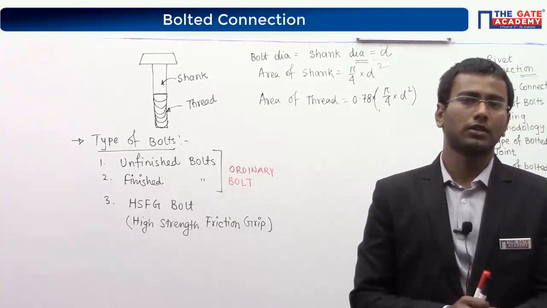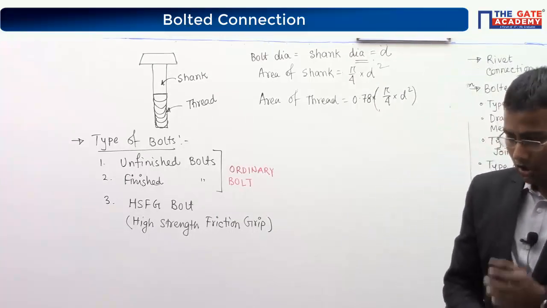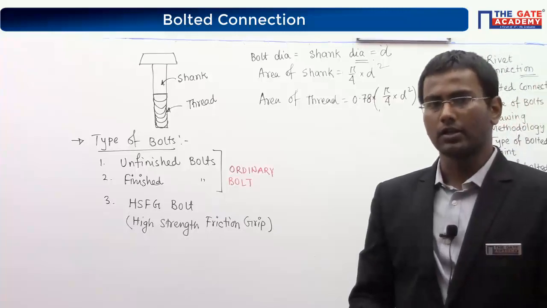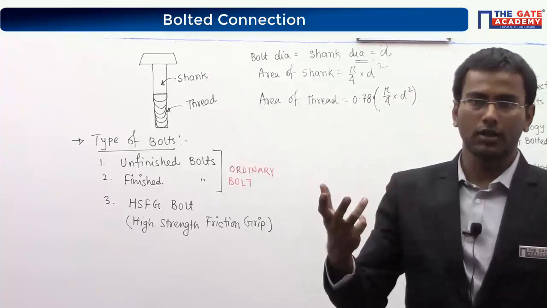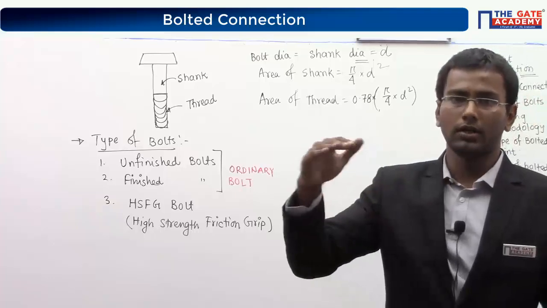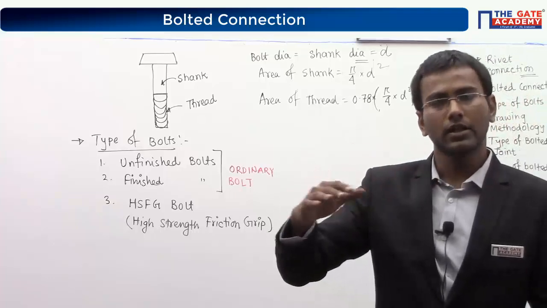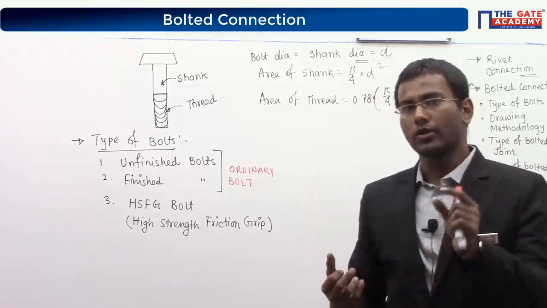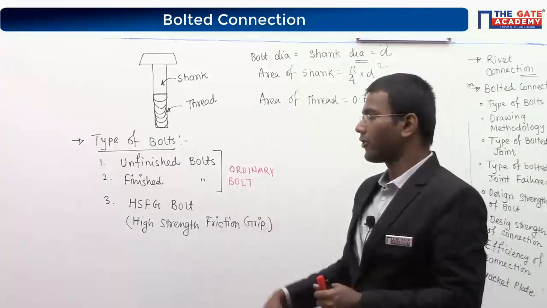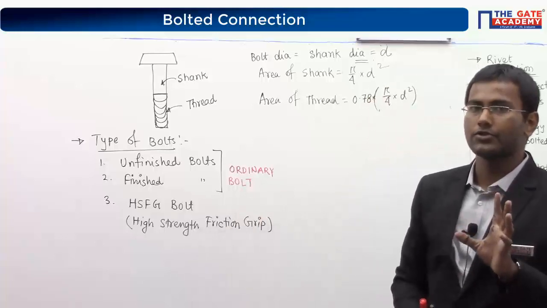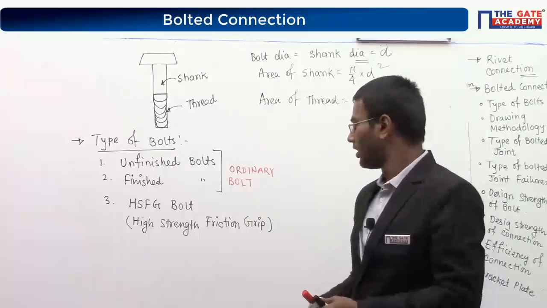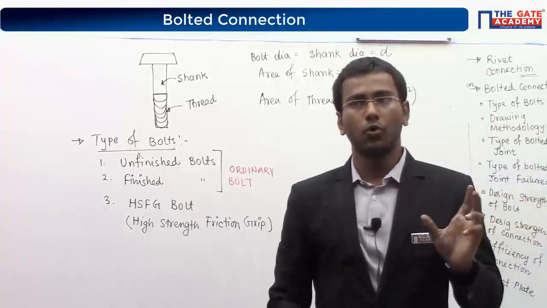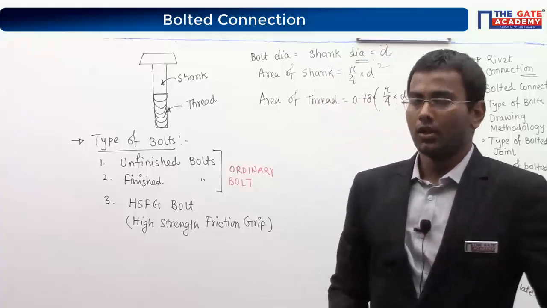If I talk about the basic construction of asbestos or GI sheet connections, you can see in some parking areas we use GI sheets, right? And we connect them with some steel rods, and you can find that we use one type of bolt, that is nothing but your ordinary bolt, which has less strength. What about the high strength bolts? These are used for bridges. HSFG bolts are used mainly in bridges.